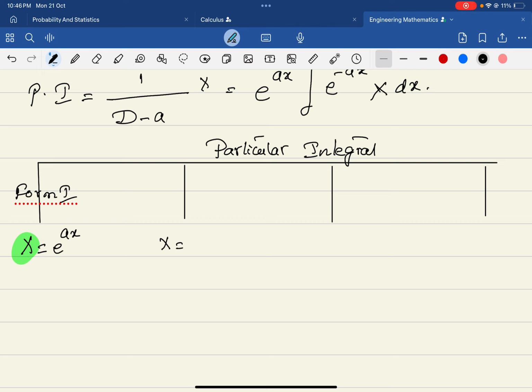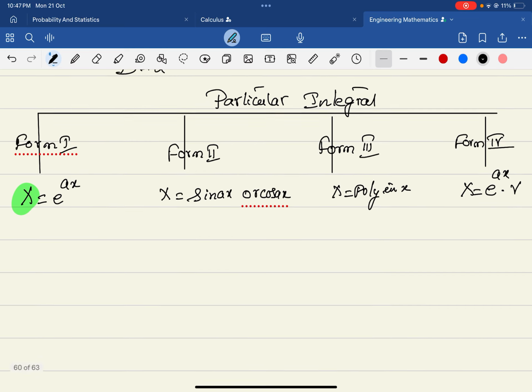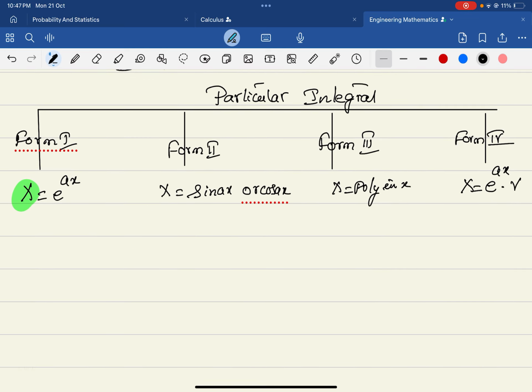When the right hand side is sine ax or cosine ax, then this is called form 2. When the function X is a polynomial in x, then this is called form 3. And if the function X is e power ax times some function V, where V is a function of x, that is called form 4. So these are the 4 forms we are dealing with to find the particular integral.